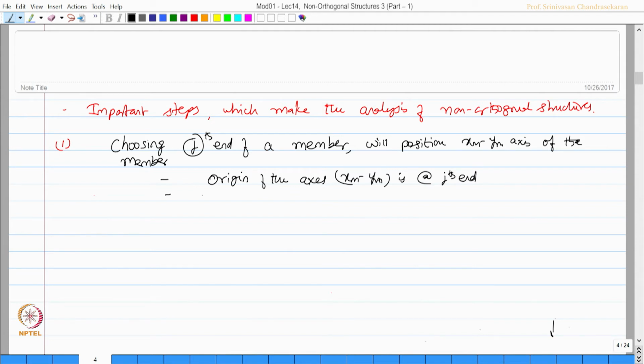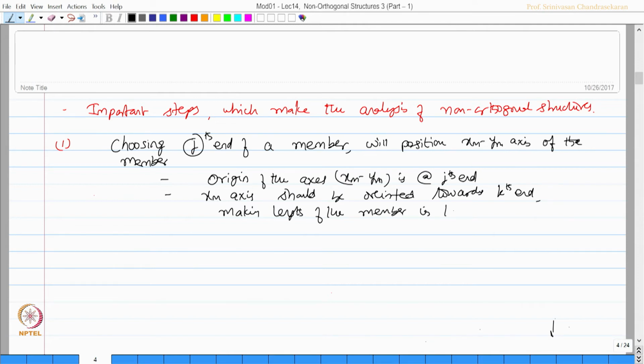The xm axis should be oriented towards the kth end, making the length of the member on the positive side of xm, and the ym axis is 90 degrees anti-clockwise to xm.